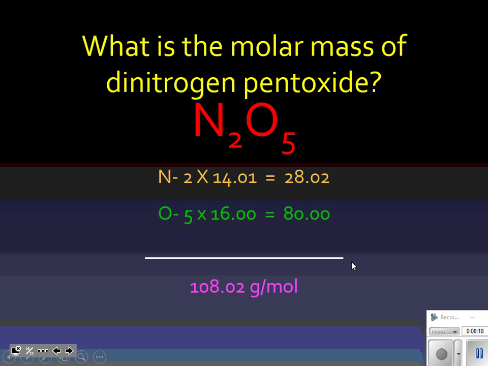Therefore, ladies and gentlemen, the molar mass of dinitrogen pentoxide is 108.02 grams per mole. Doesn't seem too tough, does it?